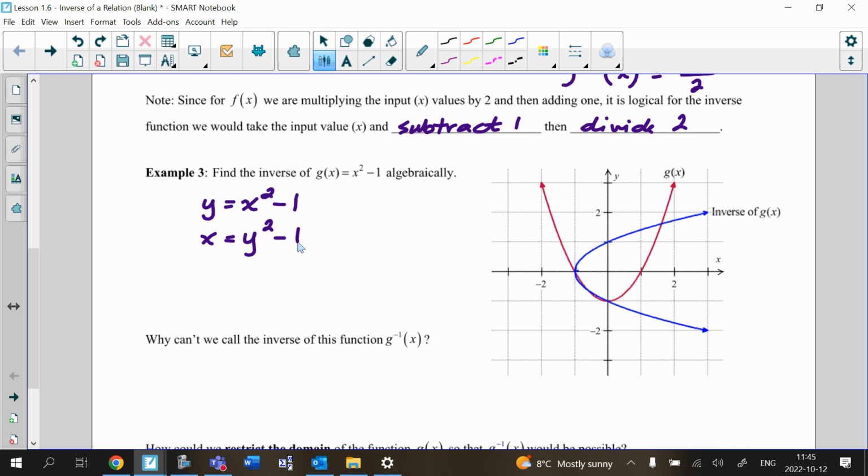Remember when you square root, don't you have to take the positive and negative? So we would have to take the positive and negative square roots of the left-hand side. Now, notice I haven't put in the inverse notation yet.